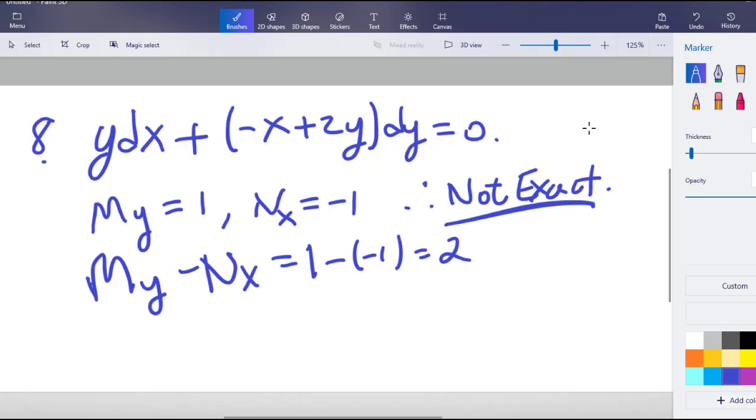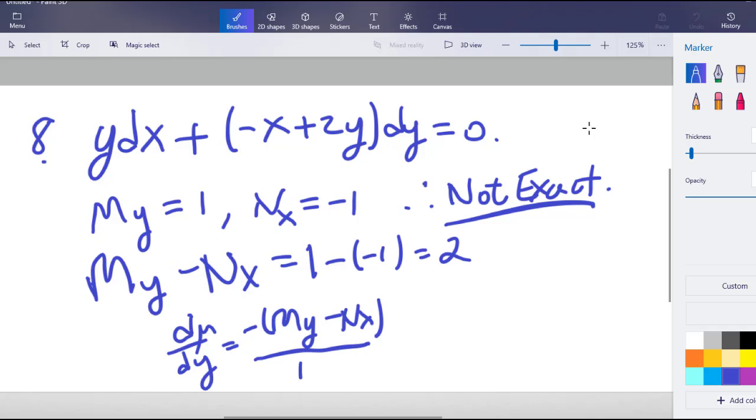You have to divide either by the coefficient of dx or the coefficient of dy, whichever one gives you only one variable. In this case, we'll be multiplying by 1 over the coefficient of dx, which is m. This means we'll use the formula d mu dy equals minus my minus nx over m times mu.